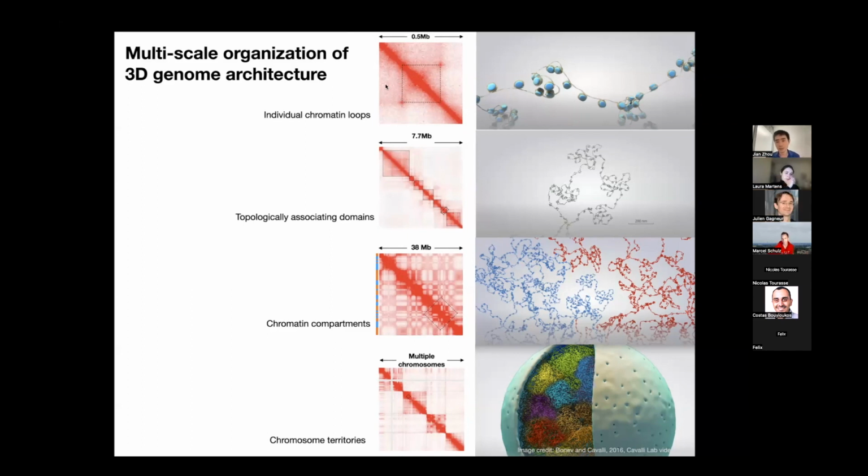And we can plot those matrices at different spatial scales, and we see many different characteristics at different scales. At the most local scale, we can see individual chromatin loop interactions, including enhancer-promoter interactions and also CTCF-mediated interactions, right? If we zoom out a little, we see those famous topologically associating domains, where sequences within the same domain tend to preferentially interact with each other, but not with other domains, right?